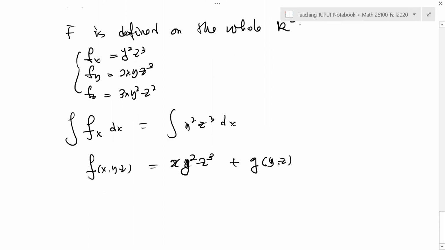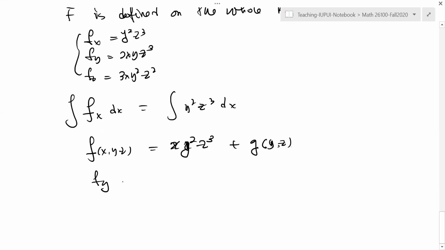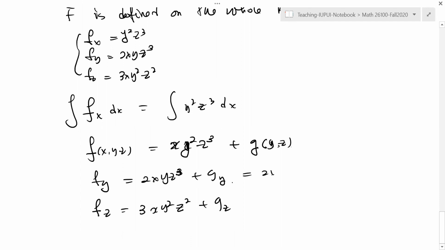Then you differentiate, then you plug them into the second equation and the third equation. So fy is going to be 2xyz cubed plus gy, right? Then fz will be 3xy squared z squared plus gz. But we know this is 2xyz cubed, and we know that this is 3xy squared z squared.